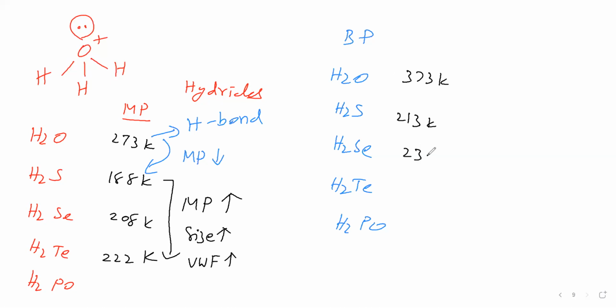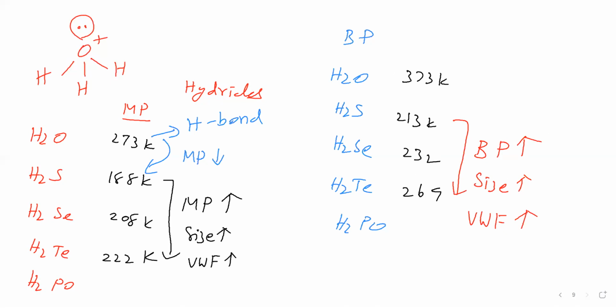H2Se is 232. H2Te is 269. What happens to the boiling point from H2S to H2Te? The boiling point increases. Why? Because the size of the central atom increases, therefore van der Waals force increases.